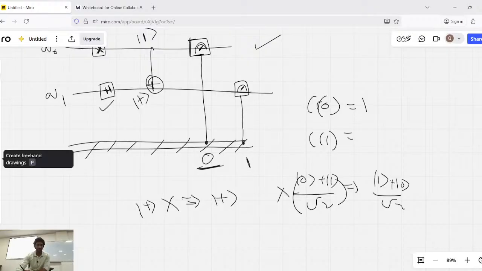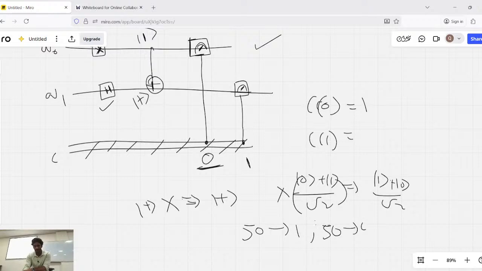So that's why both of them are considered to be equal. When I have 1 plus 0 by root 2 or 0 plus 1 by root 2, the output will be in this form: it has 50% probability of being 1 and the remaining 50% probability of being 0. So that's why we don't know what might be the output. The output can be 0 or 1. We can't say that. Why? Because both are of 50% probability.